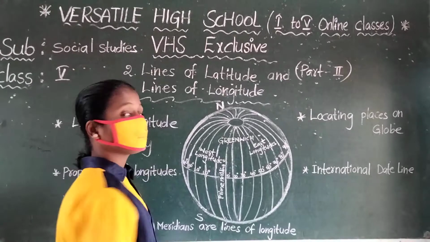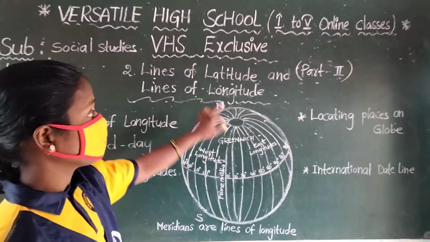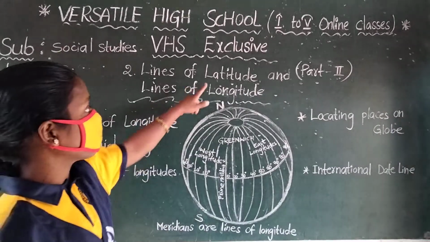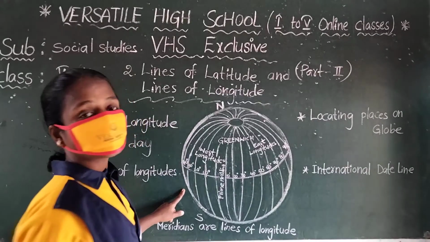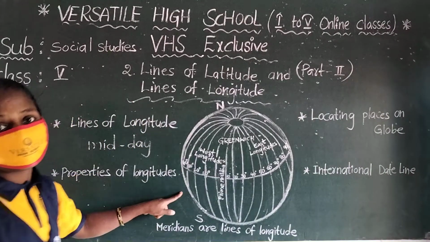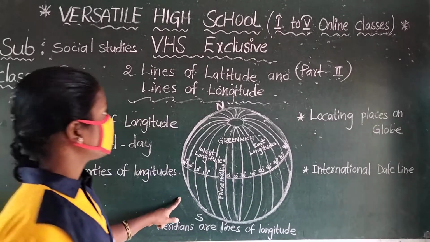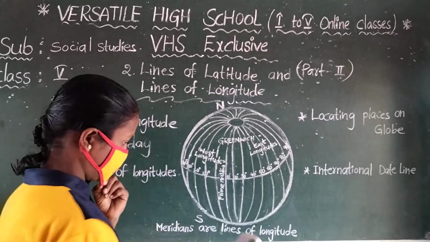Among longitudes, the prime meridian also divides the globe into two equal hemispheres. Here the prime meridian also divides the globe into two equal hemispheres.